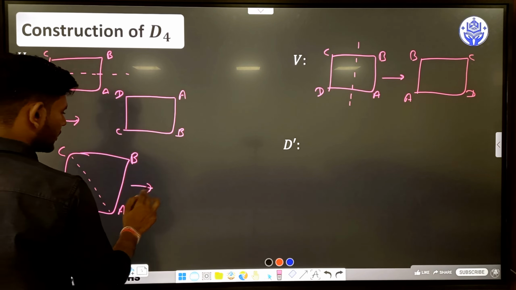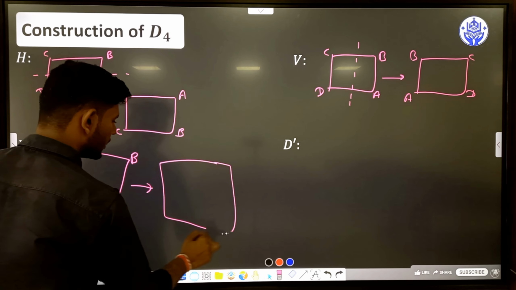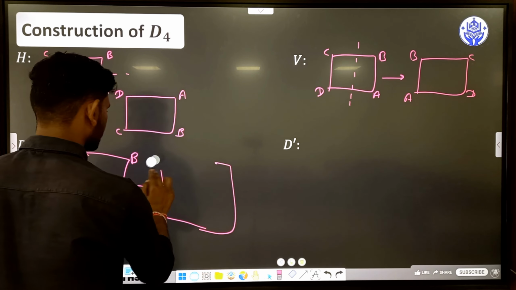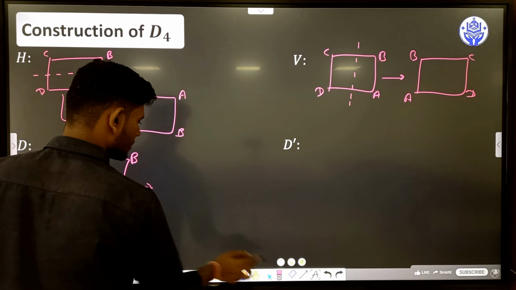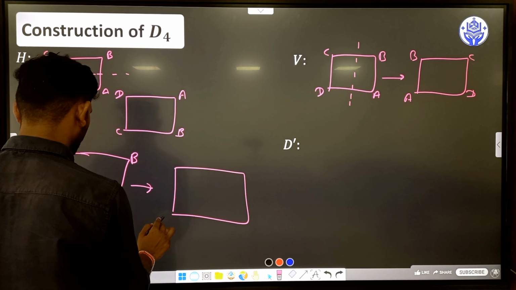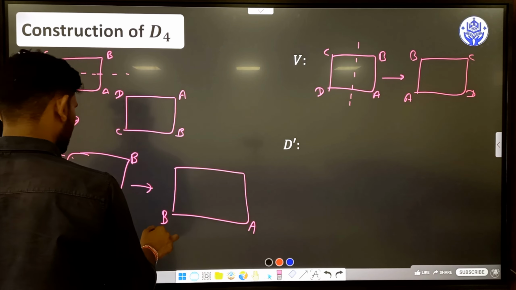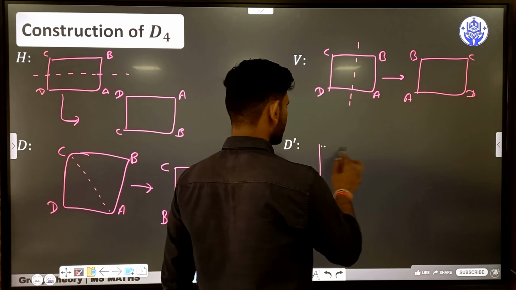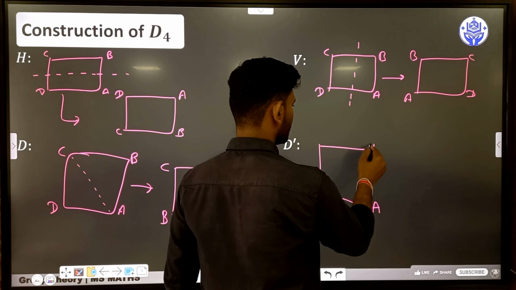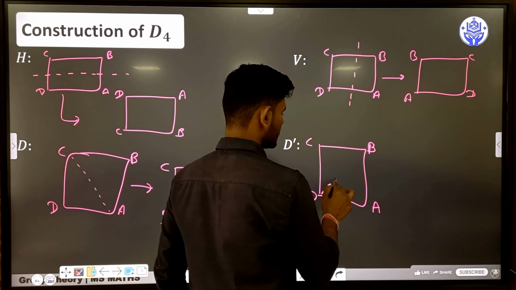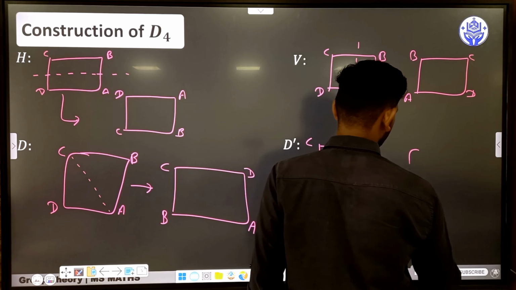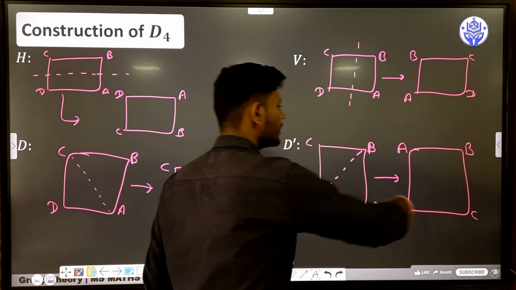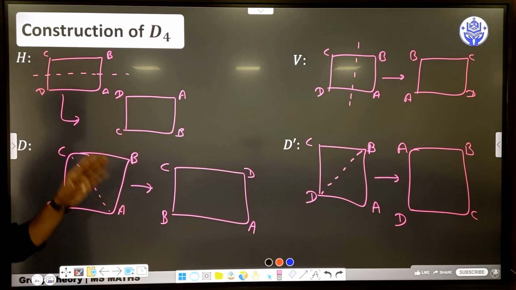Diagonal reflection means it will be B, it will be A, and it will be C and it will be D. So A, B, C, D. Anti-diagonal, D dash means anti-diagonal, A, B, C and D. This is your anti-diagonal. Then now A and C will be changed here. So it will be A, will be C, B and D. So from here A, B, C, D. So these are the 4 elements of D4.